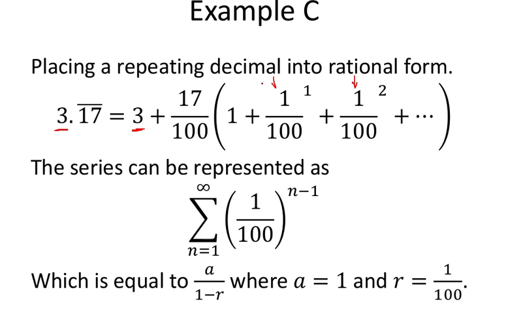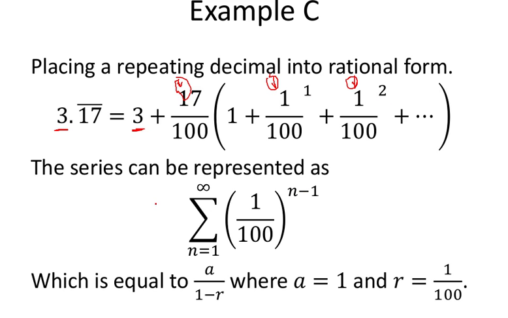This is 10,000. And then you have 17 over hundreds. So this is 17 hundredths, 17 ten-thousandths, 17 millionths. That's the first 3.171717. This basically can be written as a series from n equals 1 to infinity of 1 over 100 to the n minus 1 power.